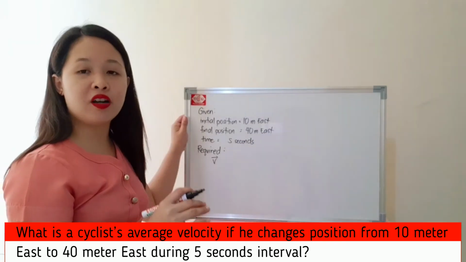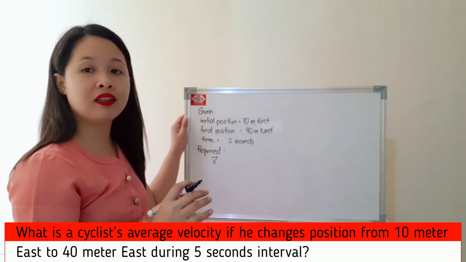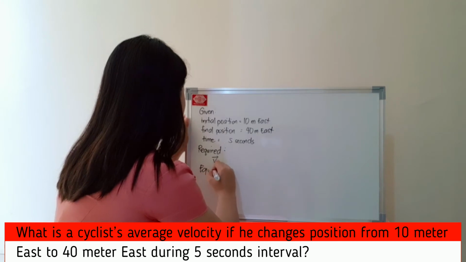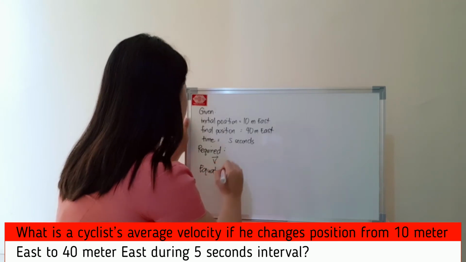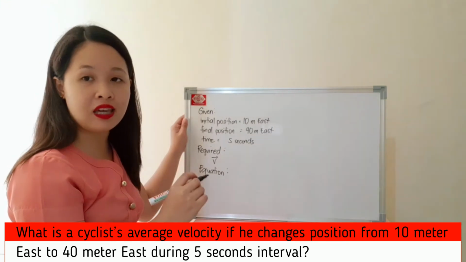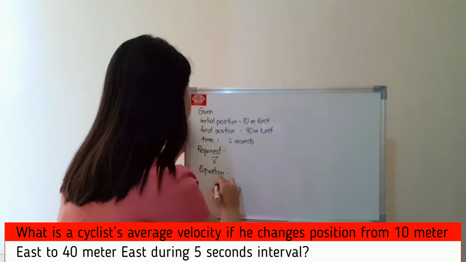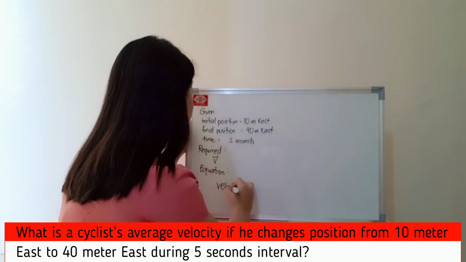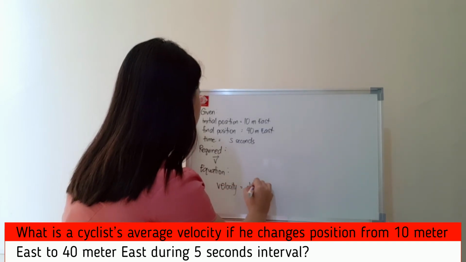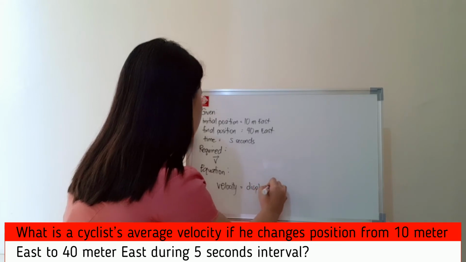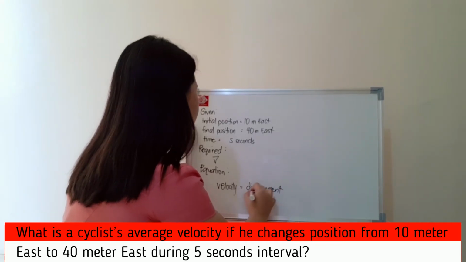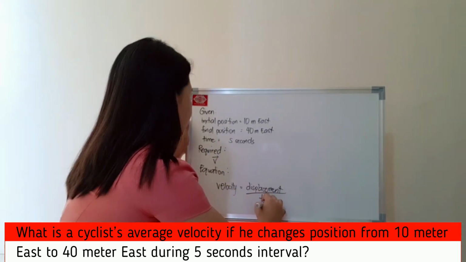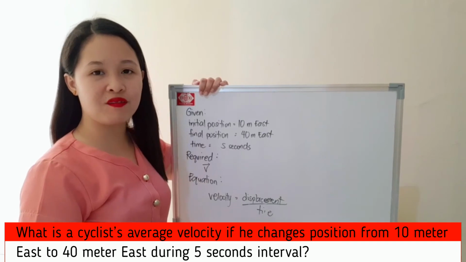After writing the required, we need to write the equation, or what is the formula that we will be using in solving the velocity. So we have velocity is equal to displacement divided by time. Let us have the solution.